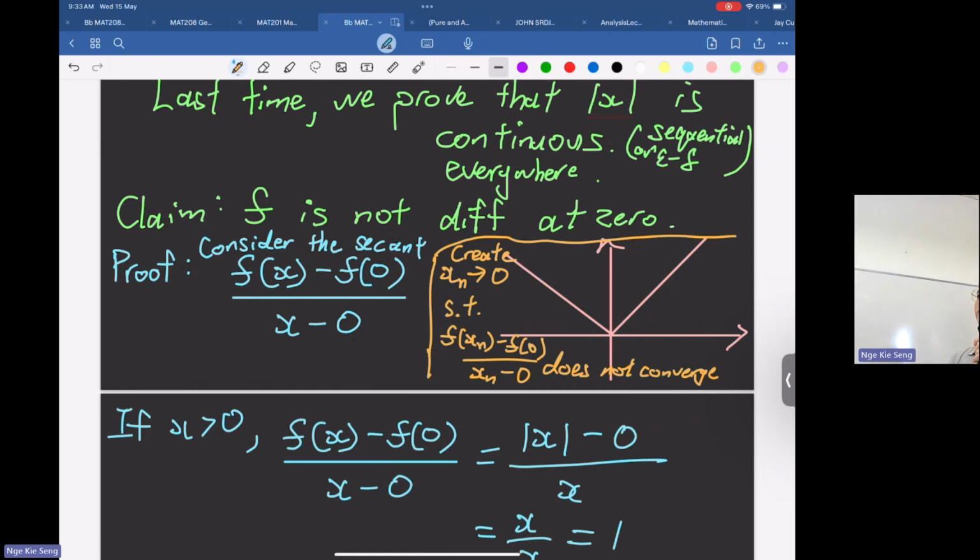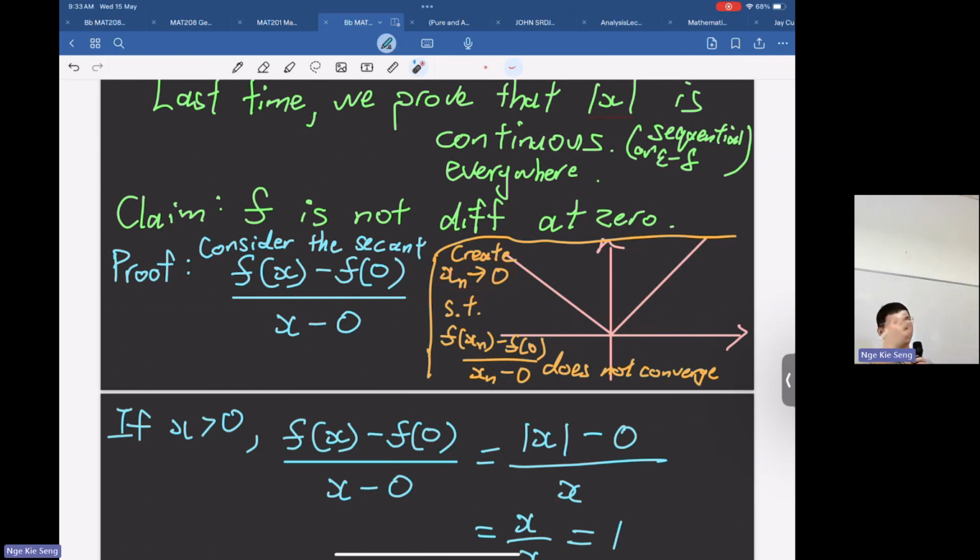So you want a sequence that jumps here, jumps there, jumps here, jumps there. We take a very easy approach to do it. This is the point here. You want a sequence that converges to 0, but also jumps around 0.